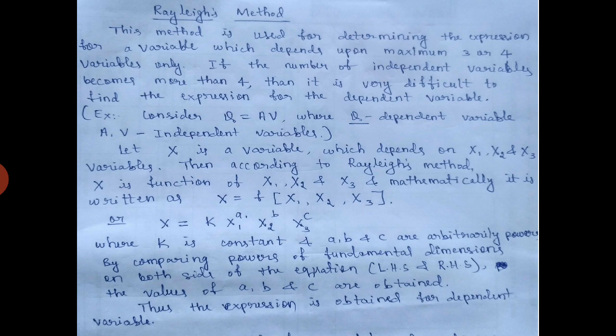Let's suppose water is flowing in the pipe. So we know that in this case there are three variables. The discharge of the water is one variable, the area of the pipe is another variable, and the velocity is the other variable. Variable means if you change the diameter, area is going to change.